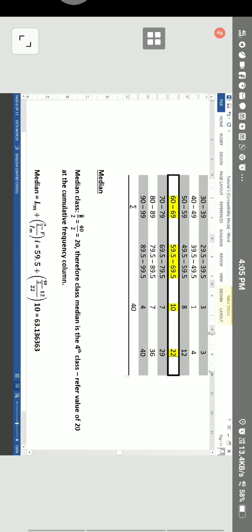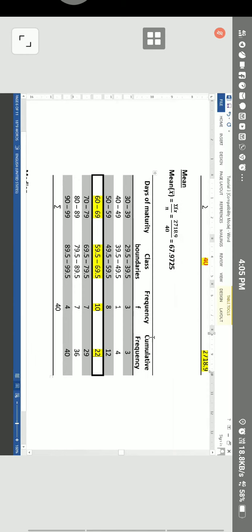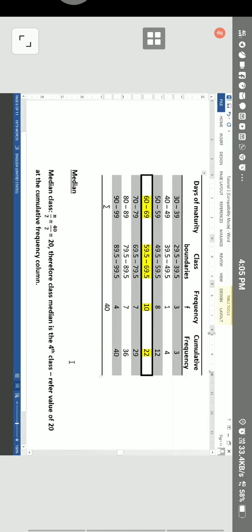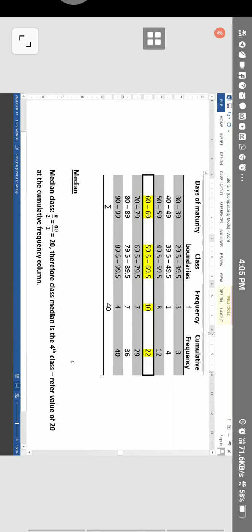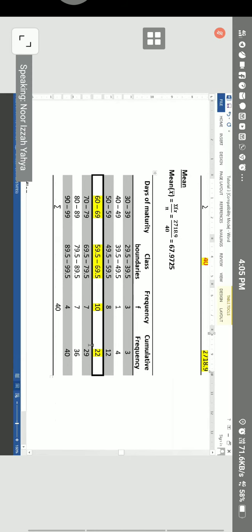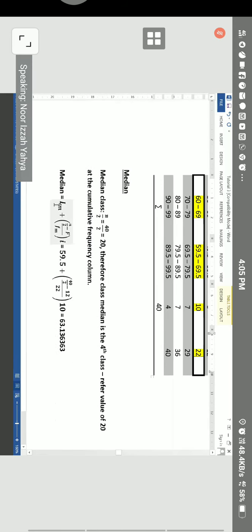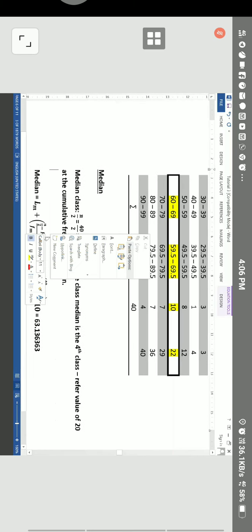So the median class is the fourth class. You refer to the value 20 in the cumulative frequency table. Not the frequency, you need to refer to the cumulative frequency. After that, you use the formula to find the median, the formula we have discussed in our class.